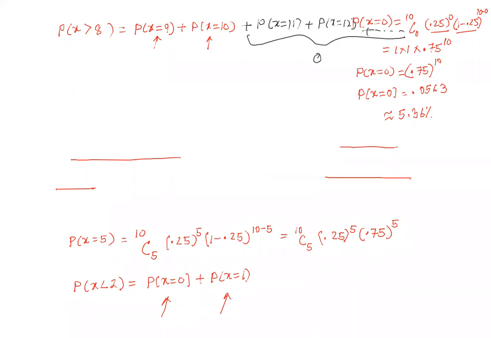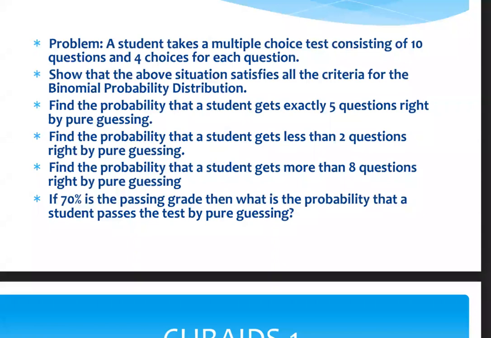All right. Any question, anybody? Last question on this one is this. If 70% is the passing rate, then what is the probability that the student passes the test by pure guessing? If 70% is the passing rate, what is the probability that a student will pass?